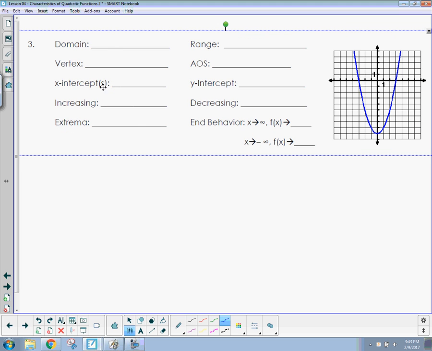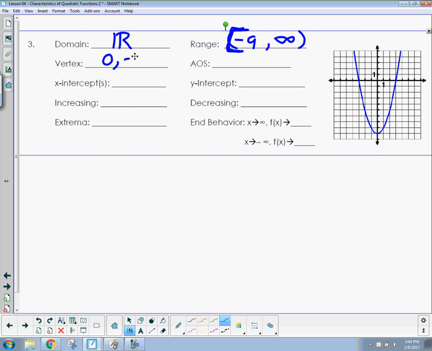Domain, no brainer at this point. It's all real numbers. Range, looking down, up. Since it's opening up, I know this will be infinity. But I need to count 1, 2, 3, 4, 5, 6, 7, 8, 9. So -9 to infinity. Whoops, that needs a bracket, guys, because the -9 is included. The vertex is (0, -9).